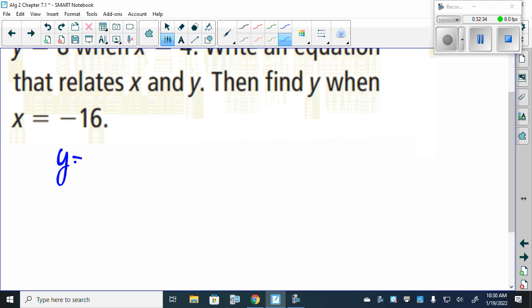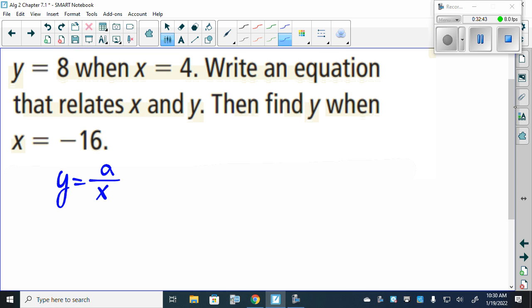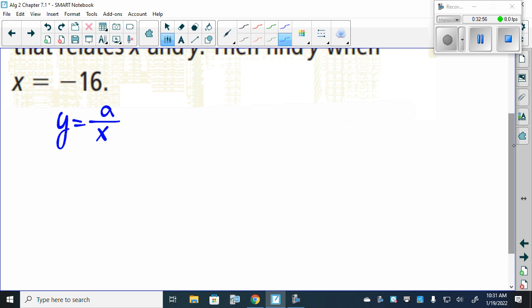So our equation, y is equal to a divided by x. Now it did give us some helpful hints to figure out the value of a, because it told us y is 8 when x is 4. So we can say 8 is equal to a divided by 4.